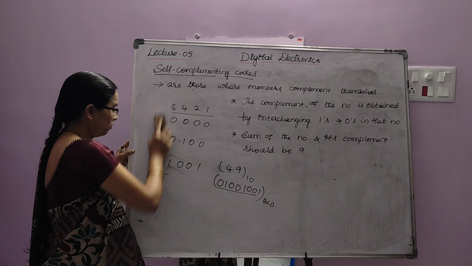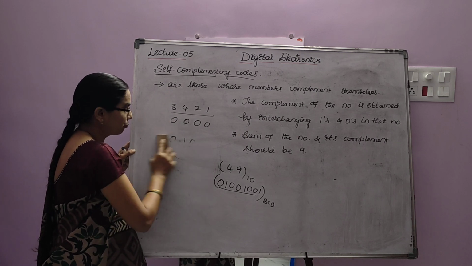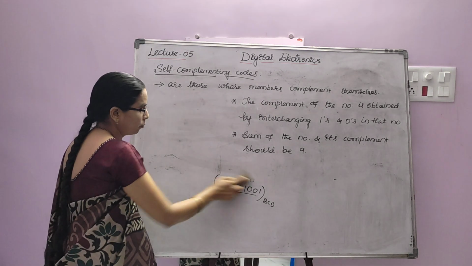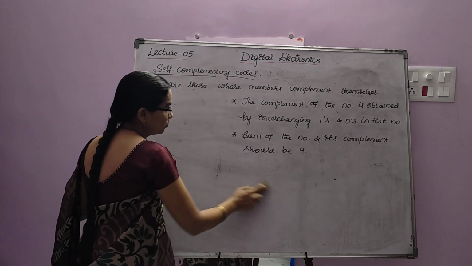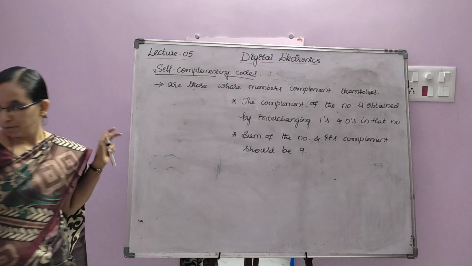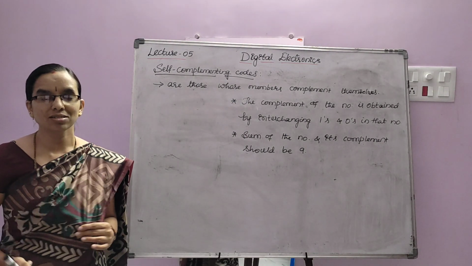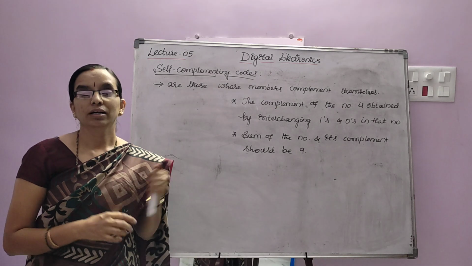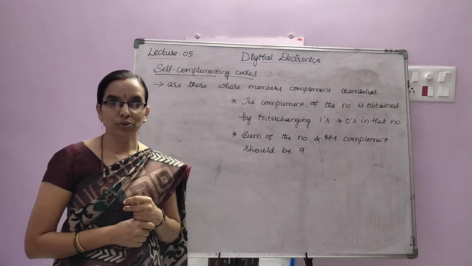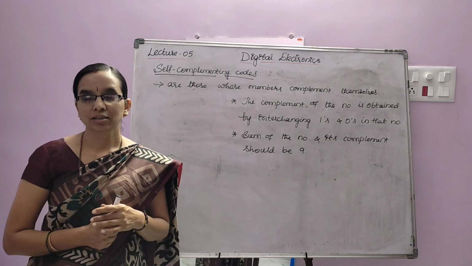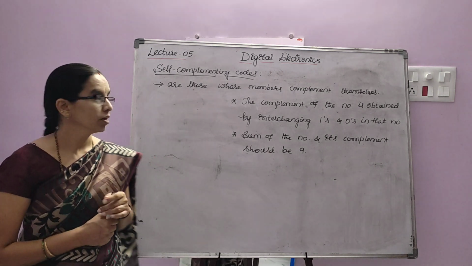In the same way, if the code has the self-complementing property, then it is very useful in performing arithmetic operations. In arithmetic operations, for subtraction also, the digital system is going to use addition by taking the complement of the negative number.